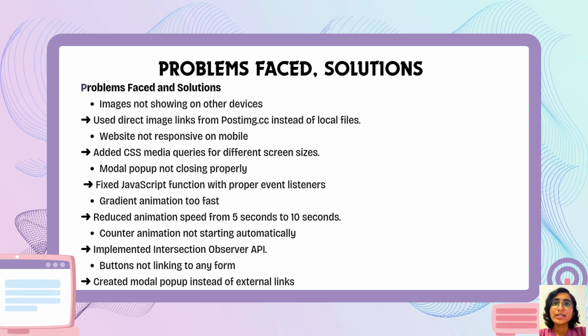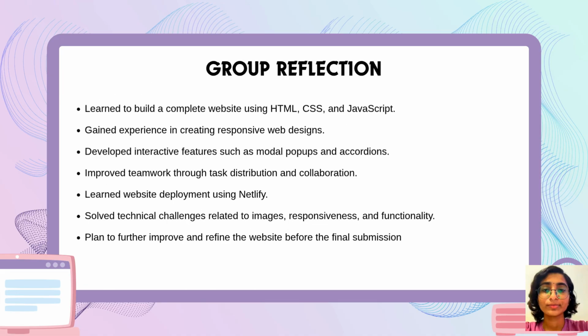We also adjusted the animation speed for better user experience and used the Intersection Observer API to ensure the counter animation started automatically. Additionally, we created a modal inquiry form to replace inactive buttons. These challenges helped us strengthen our problem-solving abilities and gain practical experience in web development.